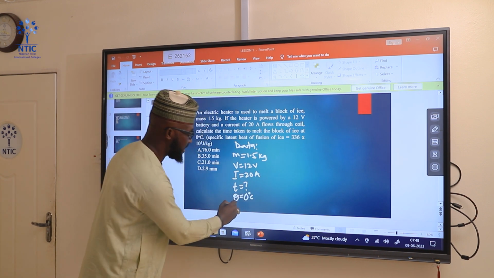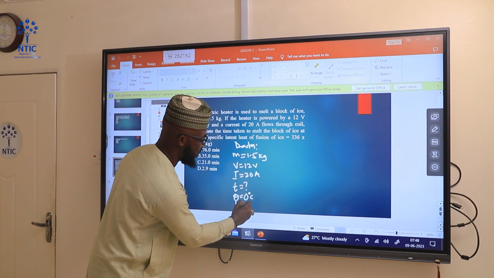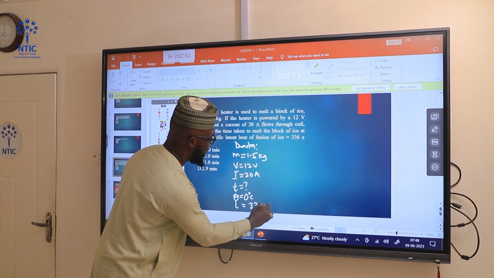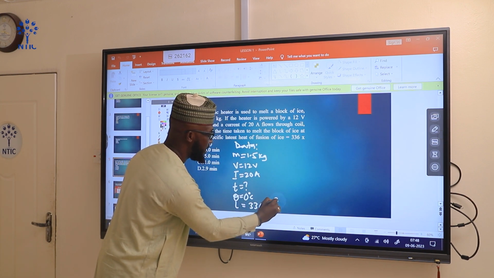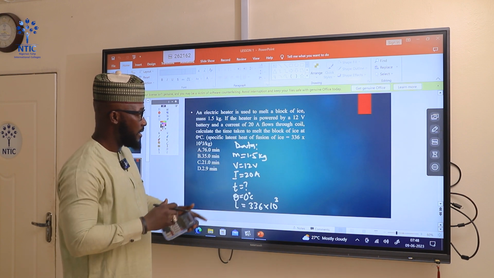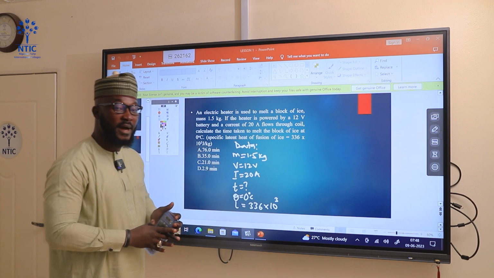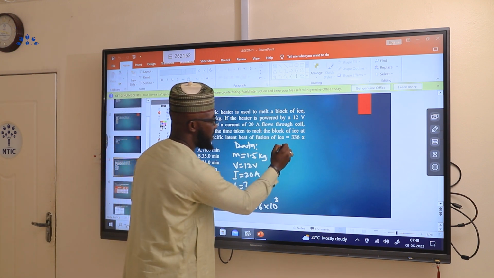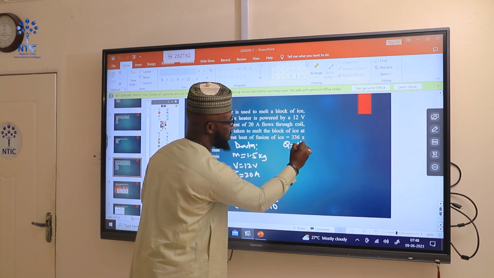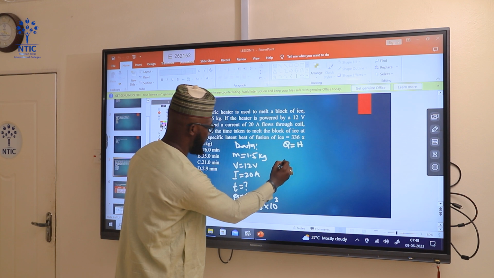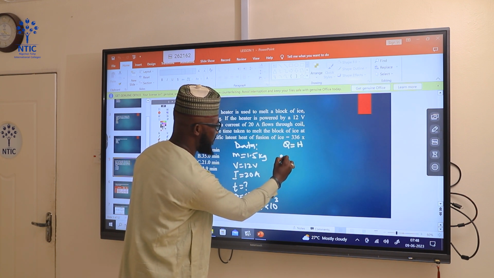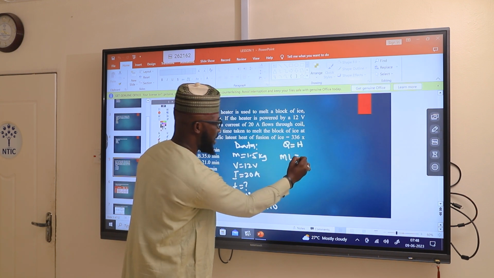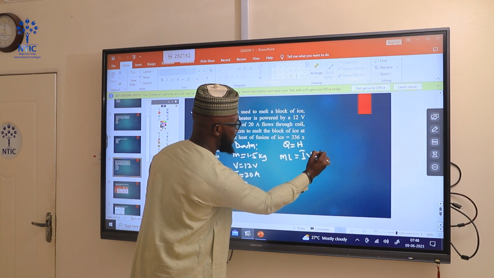But then we have the latent heat of fusion of ice, which is 336 times 10 to the power of 3. Now, the equation that will combine everything we have on the board together is Q equals H, so in this case we have mL equals IVt.